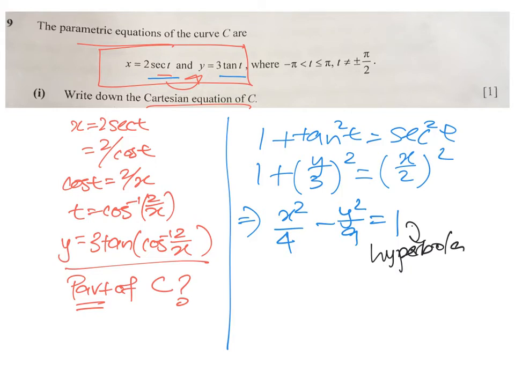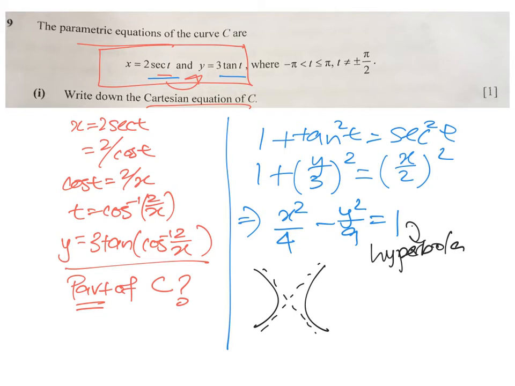Even if you're not sure, given the Cartesian equation, either using the function mode or the parametric mode in the GC, you should be able to get a graph of this shape, and that will indicate that this is a hyperbola. So what you need to do now is to add in the two oblique asymptotes and label the equations of the asymptotes as well as the points where C crosses the axis.